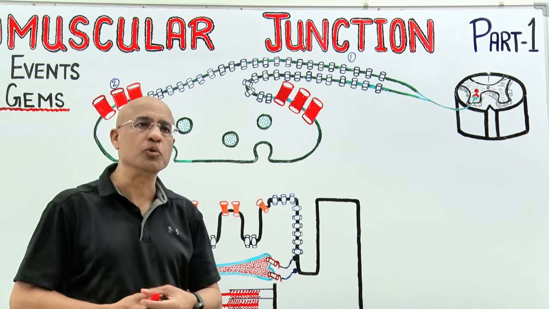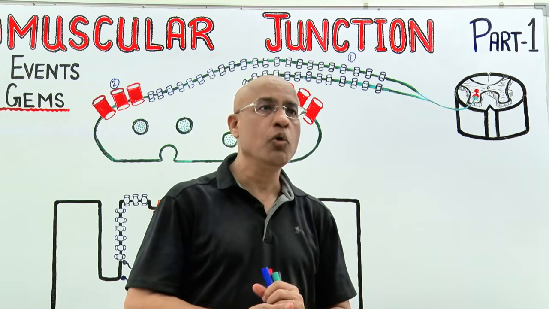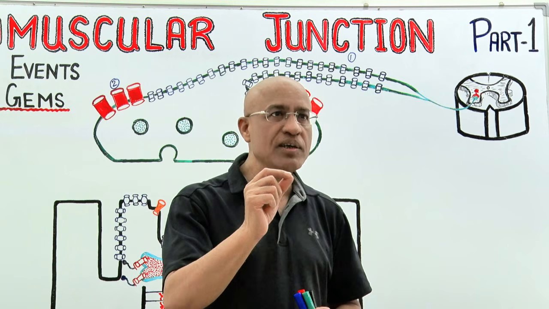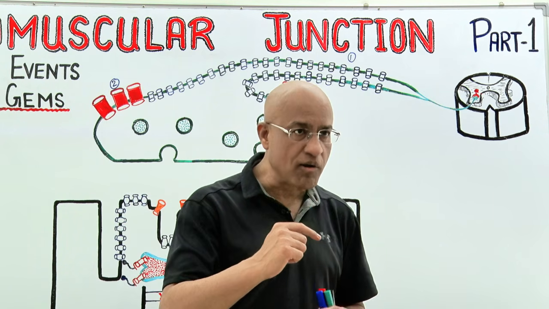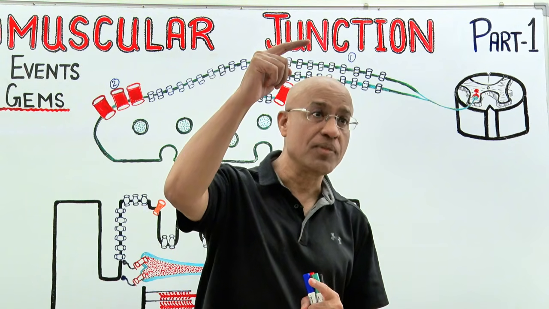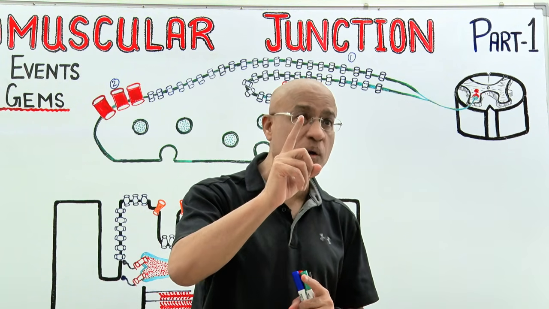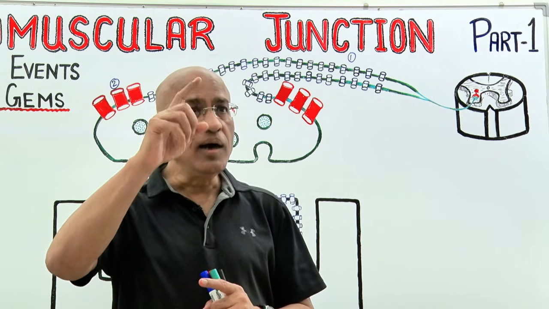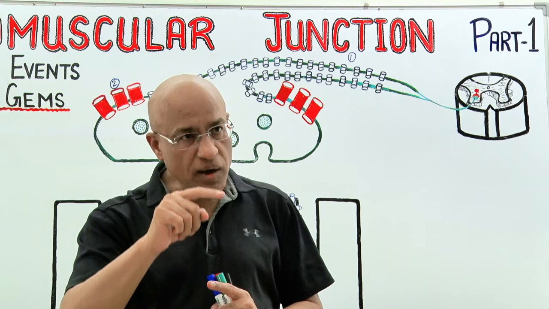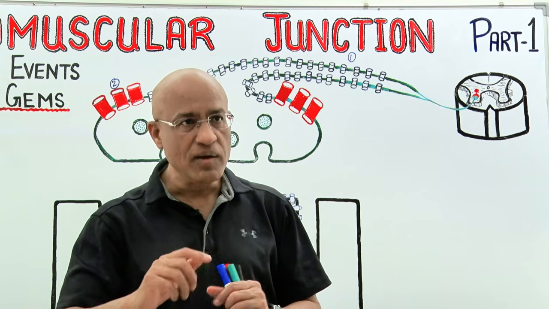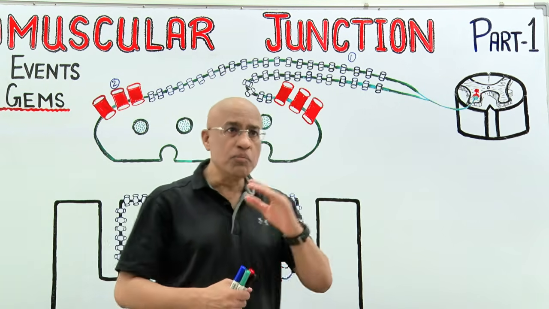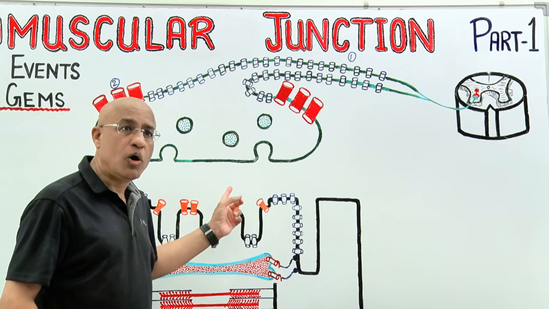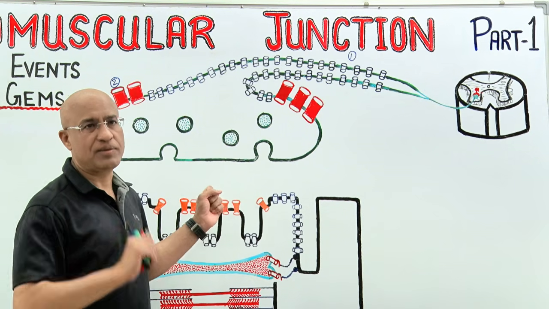Don't tell anyone that lower motor neurons are lower and upper motor neurons are upper. Lower motor neurons should be defined as the neurons which have their cell body in the spinal cord or brain stem. The brain stem also has lower motor neurons. Lower motor neurons have their cell body in the brainstem or in the spinal cord gray horn, and their axons terminate on the skeletal muscle fibers.